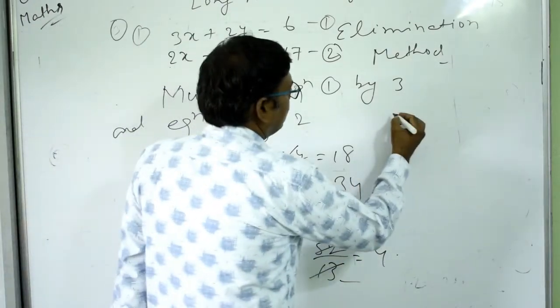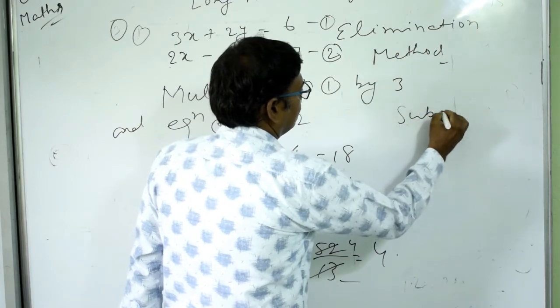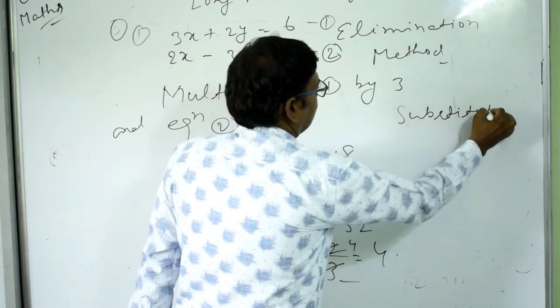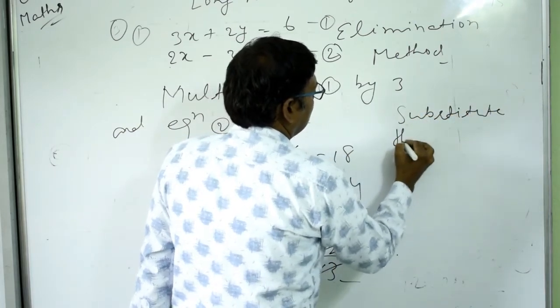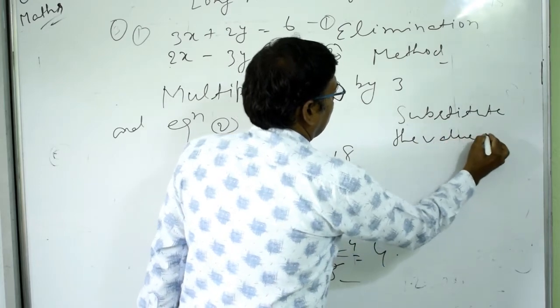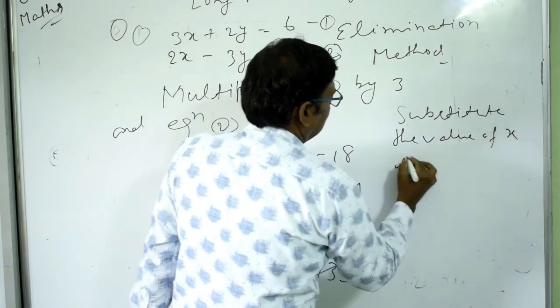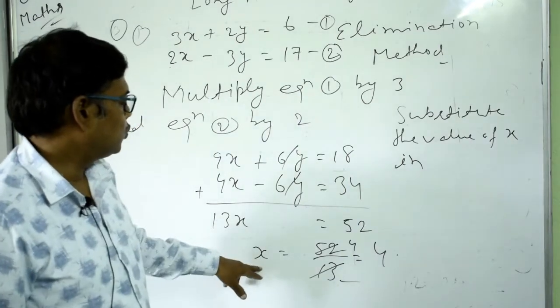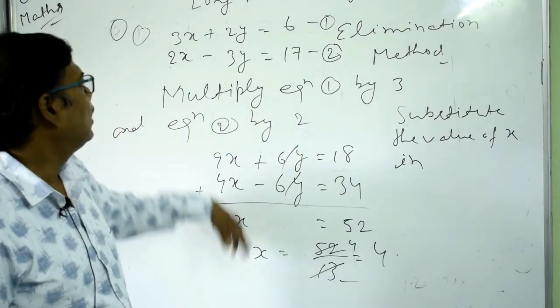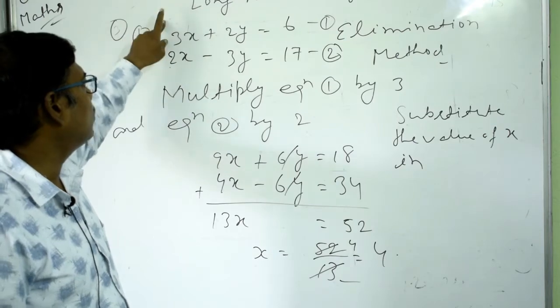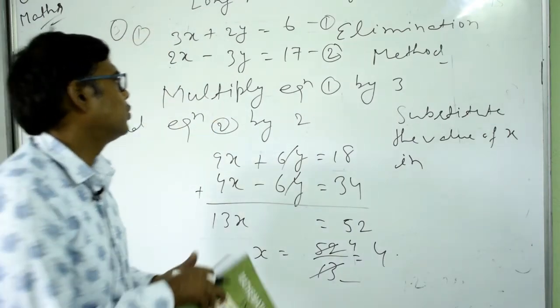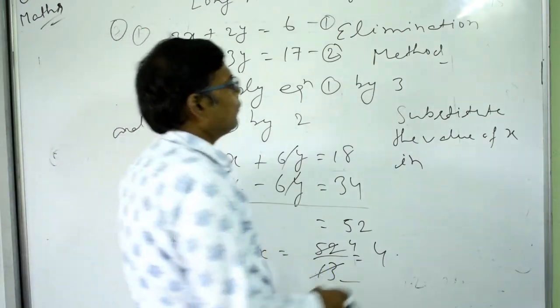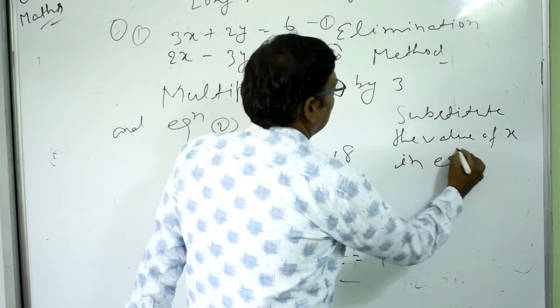Now substitute the value of x. We have to find the value of y also. So you substitute the value of x in either equation 1 or 2, and you will get the same answer. Here I am substituting the value of x in equation 1.